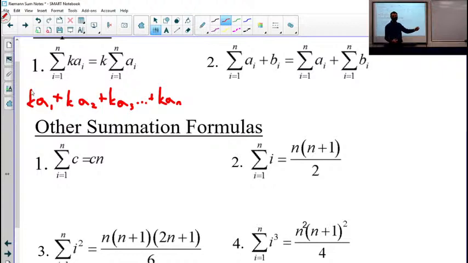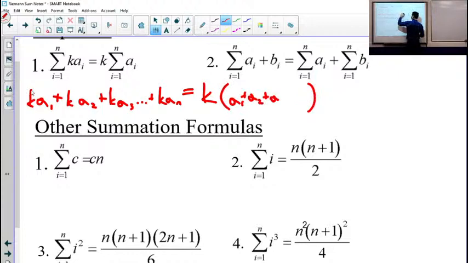That would be the sum, is equal to, here comes the right side, the same as taking k times this entire sum, all the way up to a sub n.